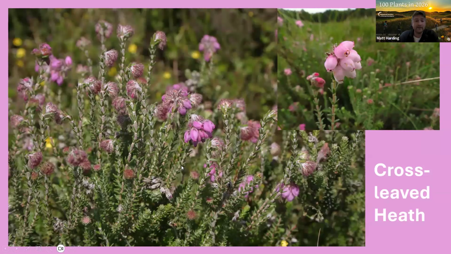And the leaves are grey-green, very hairy, and in whorls of 4 going around the stem. So once you get your eye in, it's very easy to spot the difference between this and the bell heather. This one tends to be in the wet heaths. You do get heather and occasionally bell heather in wet heaths as well, and vice versa. But habitat is a good indicator for them.